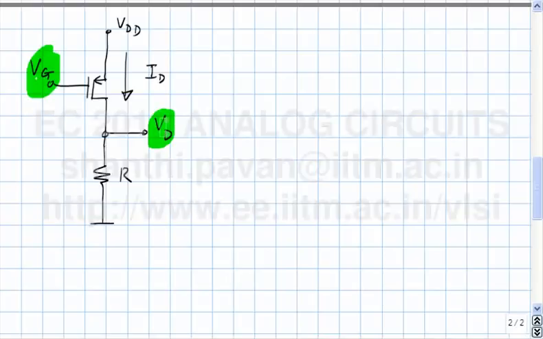Minus gm times R. So if you wanted to keep the transistor the same and also keep V_G the same, where V_G is the quiescent operating voltage at the gate around which the incremental signal will hover, then we realize just now that the incremental gain is minus gm times R, and if we want to keep I_D and V_G the same, the only way of increasing gain is to increase R. Right? We discussed this before also.